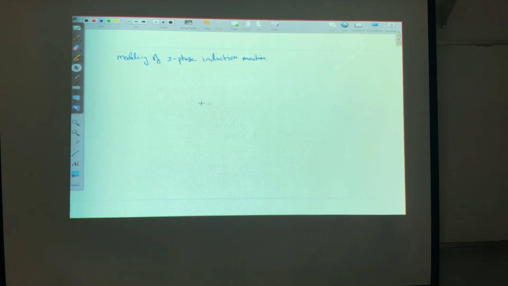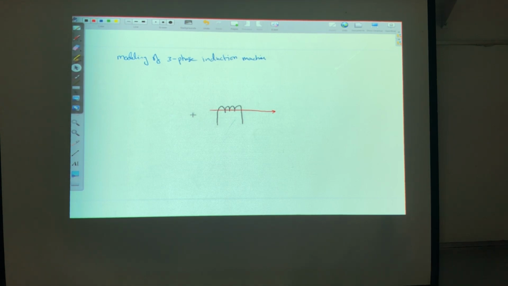Now simply, if I assume that any three-phase machine has a stator and a rotor, and three-phase, so I'm having three windings. So simply, this means that I can put the first coil, let's assume that this is the first coil, here.